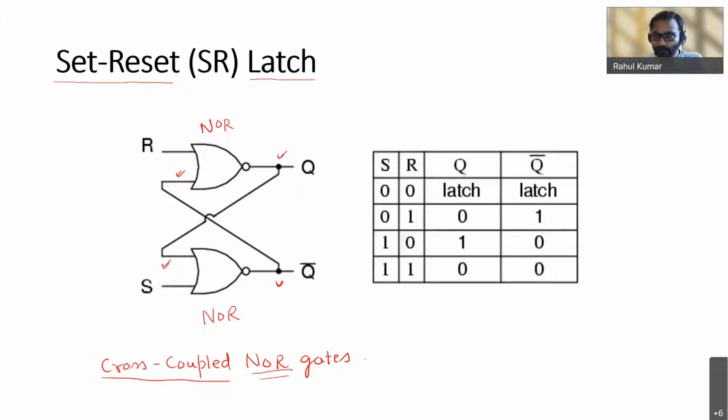A latch is said to be in set mode when your output Q is equal to 1, and it is said to be in reset mode when the same output Q is 0.